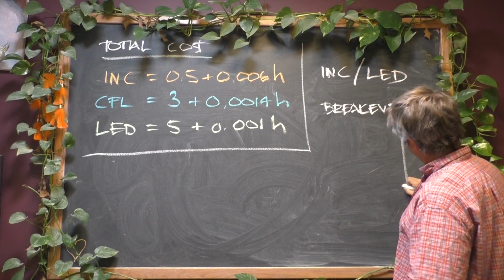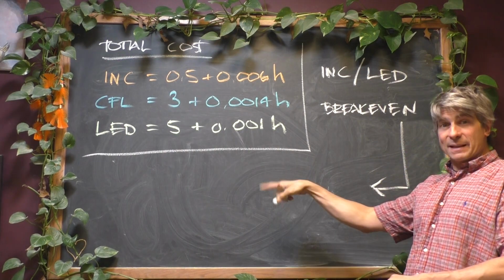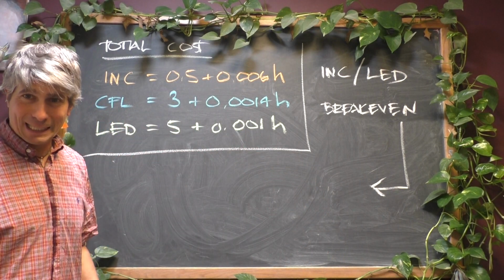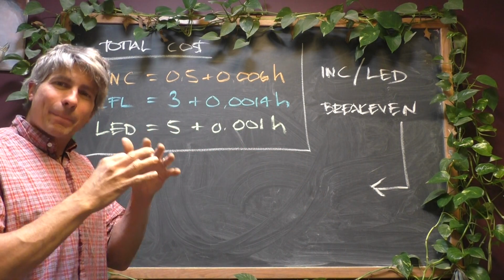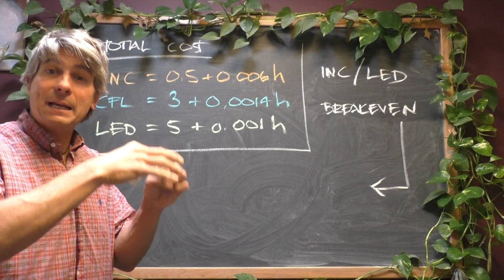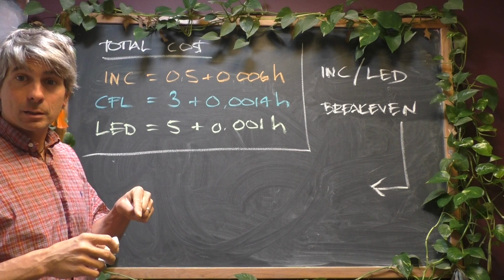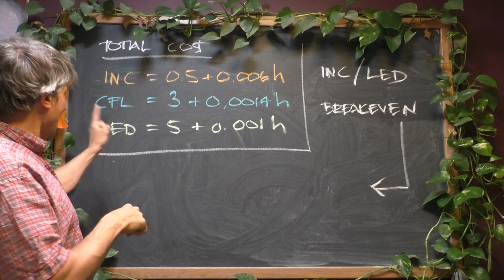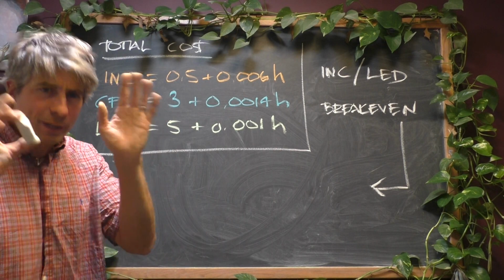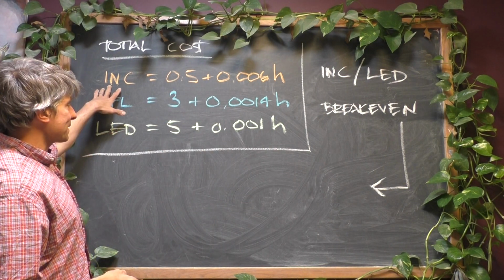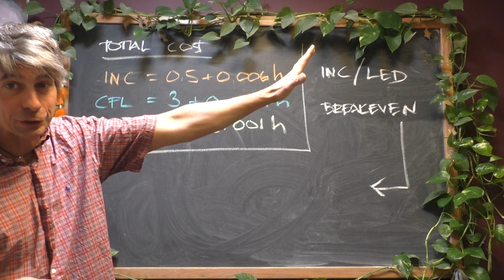I'm going to do it down here in this little bit of space I got. I'm going to figure out, based on these models, at what number of hours it becomes more efficient to run an LED over an incandescent. Because we know at first the LED is more expensive than the incandescent, from 0 hours up to a certain number of hours.